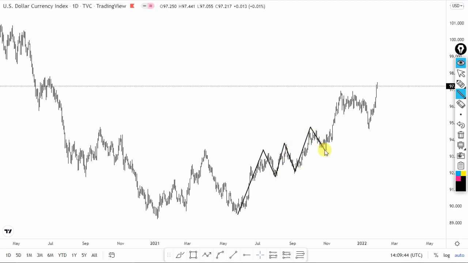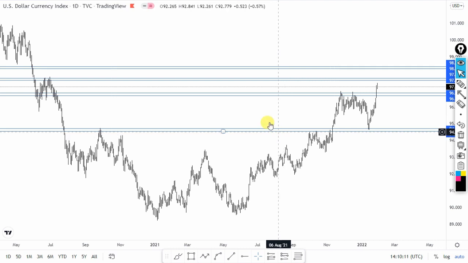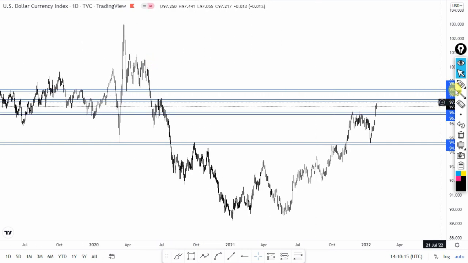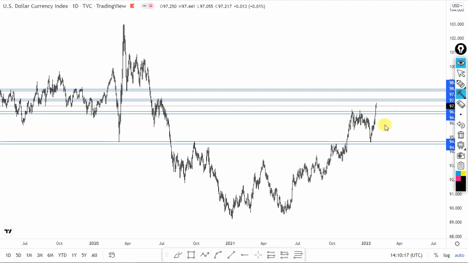The trend is running in up direction. In previous week, market broke this major resistance zone.